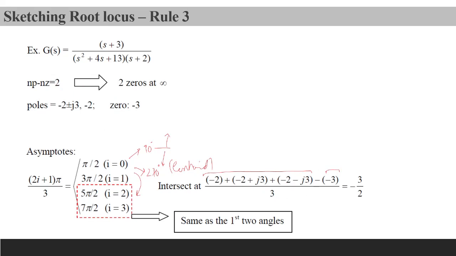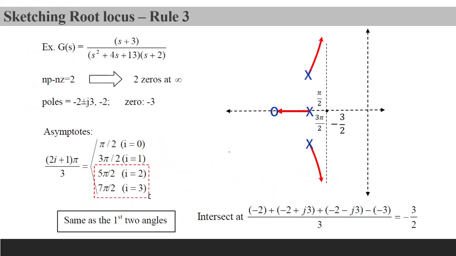And I can further split these. Now I can find the location of poles, and I'll sketch these by a simple technique in which I know that if these are two angles, 90 and 270, these will be the two asymptotes for two of the poles, like 90 and minus 90, or you can say pi by 2 and 3 pi by 2.